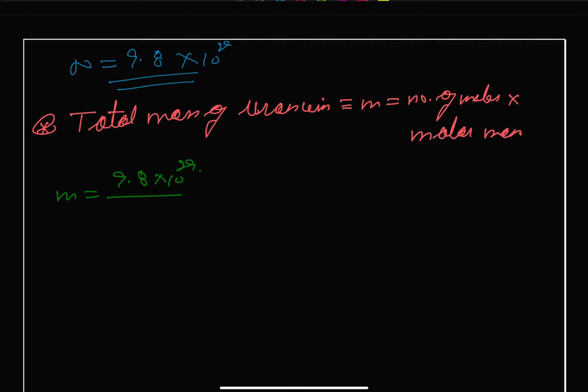So this comes as 6.022 into 10 to the power 23 multiplied by molar mass, which is 0.235 kg per mole. So this gives us that mass M is approximately equal to 38.4 tons.